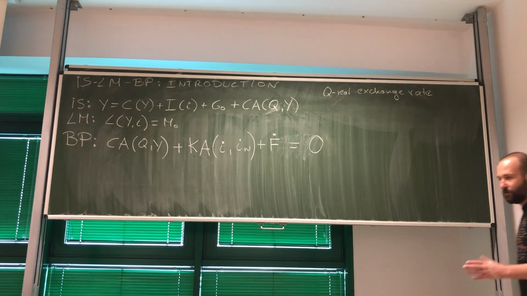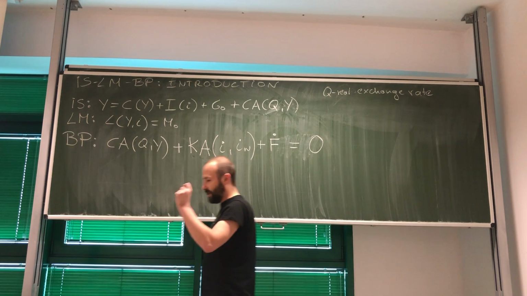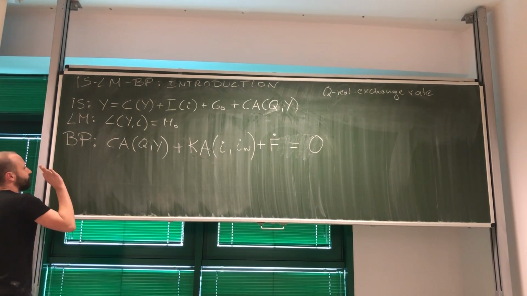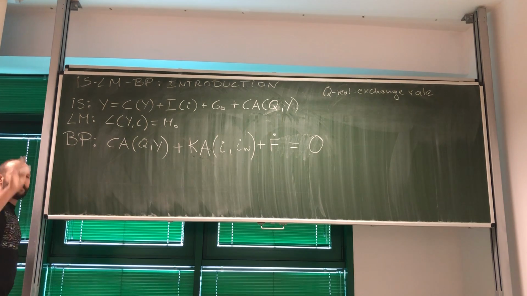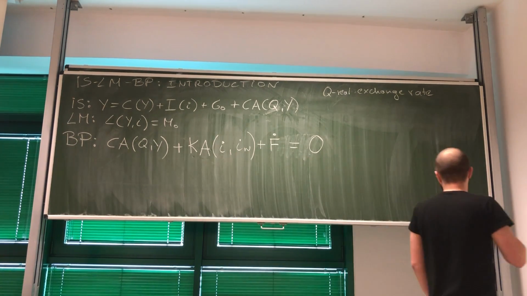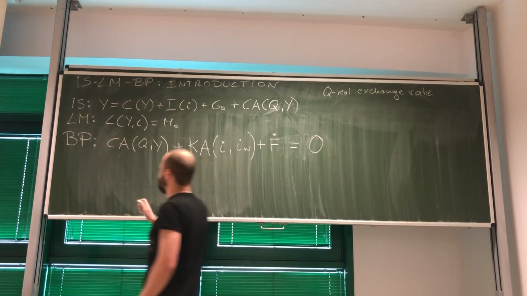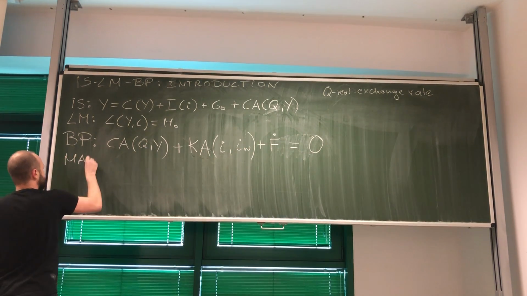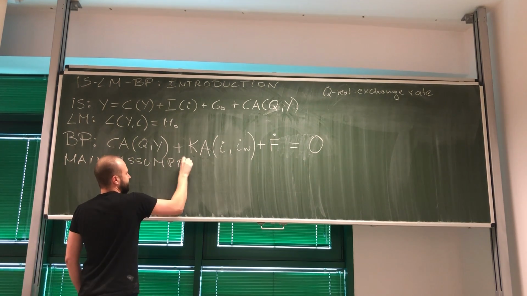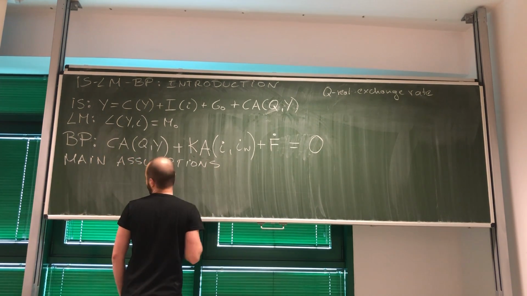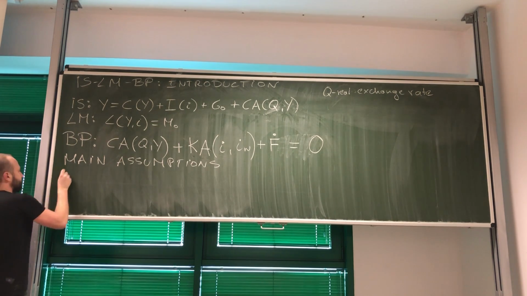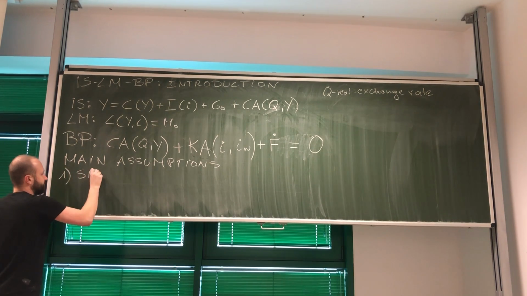But, of course, we need to maintain the assumptions that we have. So, first assumption, let's start with the second. Look, the main assumptions: we are going to assume that we've got a small country.